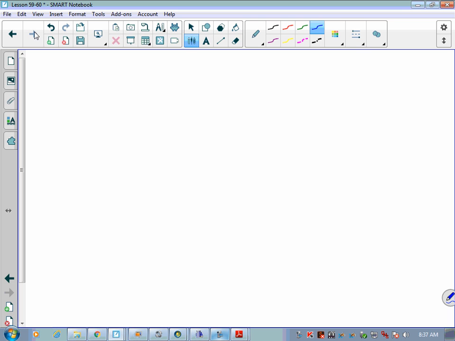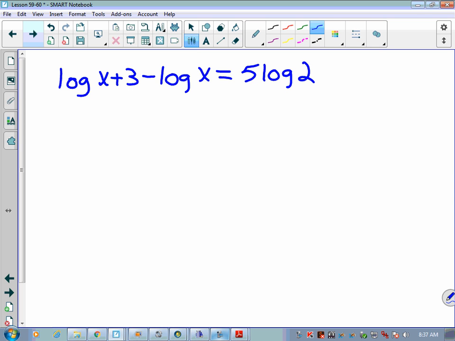What did I have there? I had log of (x plus 3) minus log x equals 5 log 2, correct? Do all of these steps so far make sense to you?